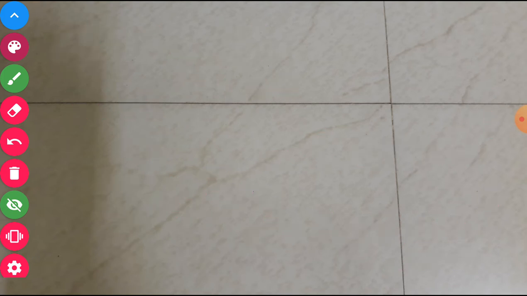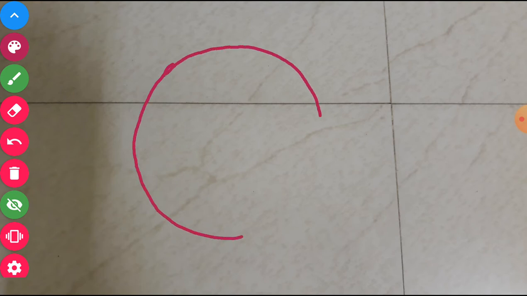Okay, now another thing that you have studied in your mathematics, that if this is a circle, then this is a radius, and the radius makes some angle theta here.